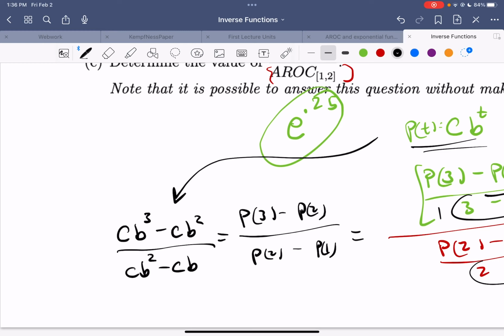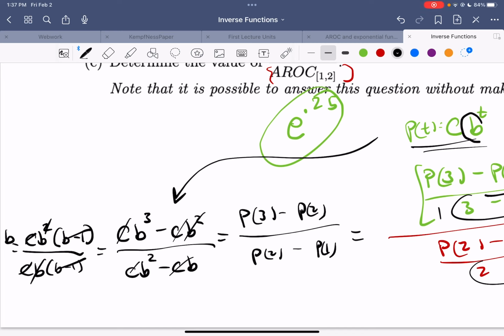Up top, you can pull out c b squared, so the c is gone, the b squared is gone, and this 3 becomes a 1: b minus 1. On the bottom, I can pull out a c b, leaving b minus 1. The b minus 1's cancel, the c's cancel, and all you get left is b. That's it, just b.